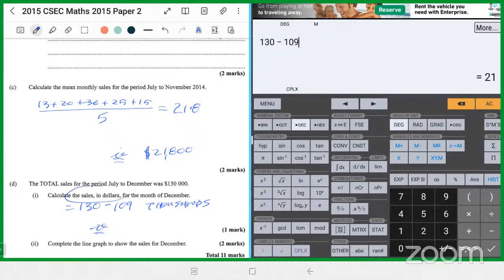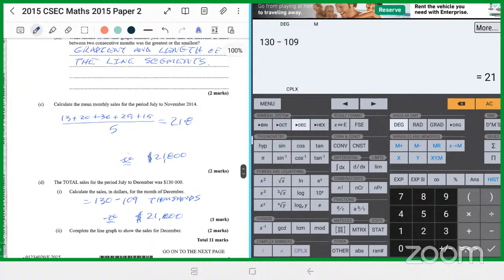In dollars, that's $21,000. Put the dollar sign in front of it. $21,000 is the sales in December. That's it, $21,000 flat.